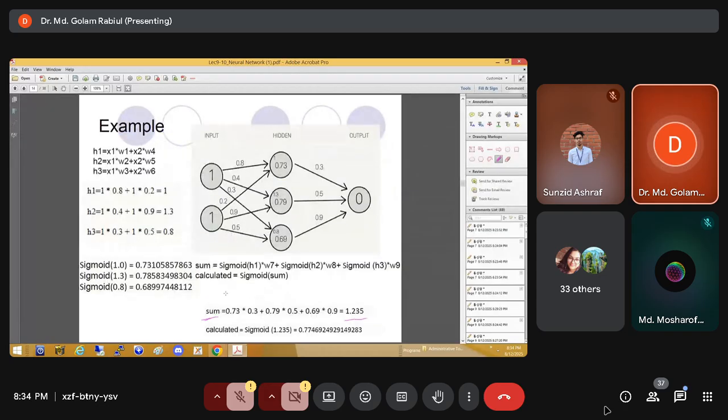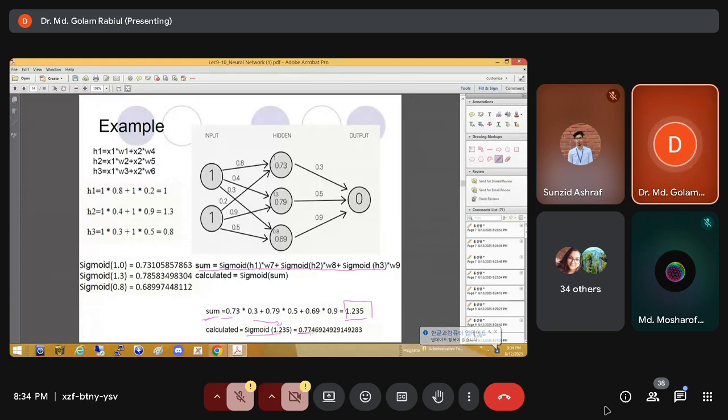As you can see, there is the sum utilizing this equation. The output sum is 1.235, and then we have to pass this sum to a sigmoid function.